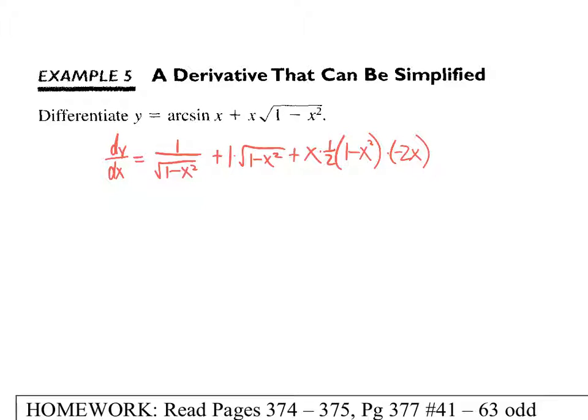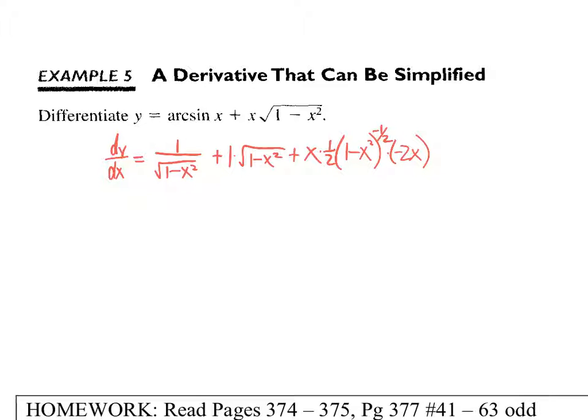You guys agree with that? No, something's wrong. The exponent, right? It's negative 1 half. Yeah, there we go. We lost our exponent. So a half minus 1 is negative half.